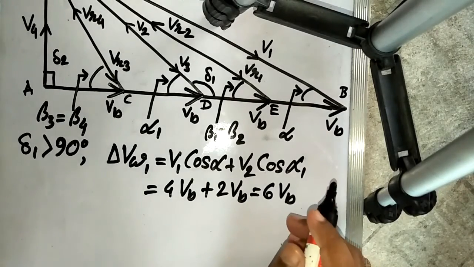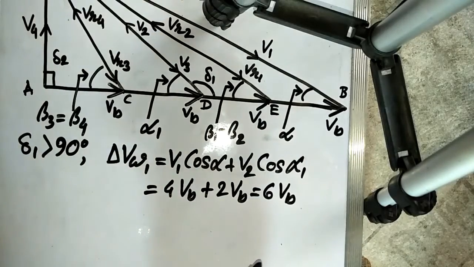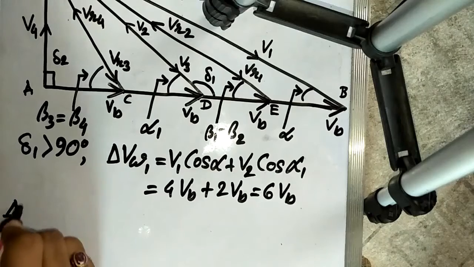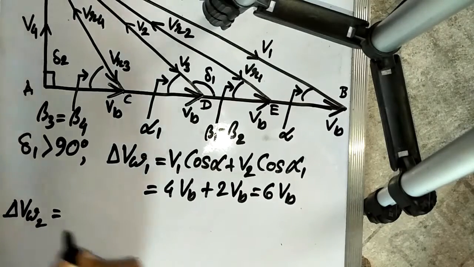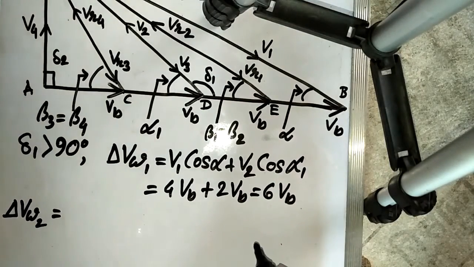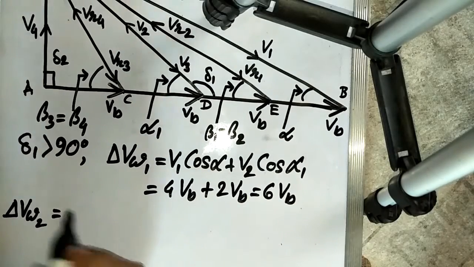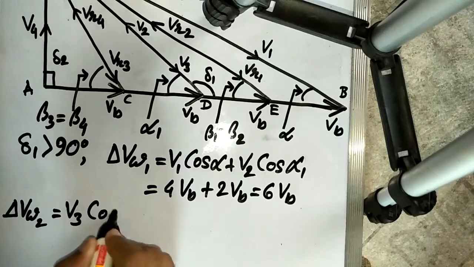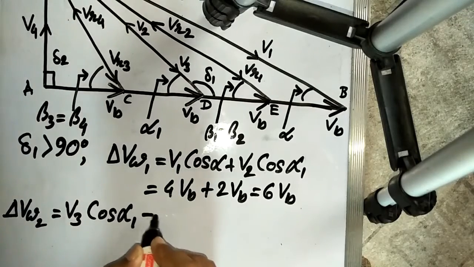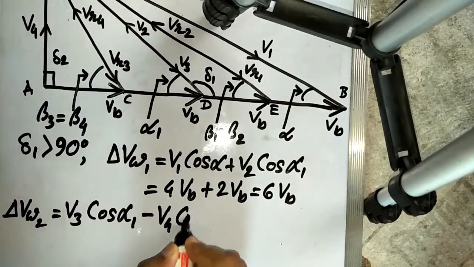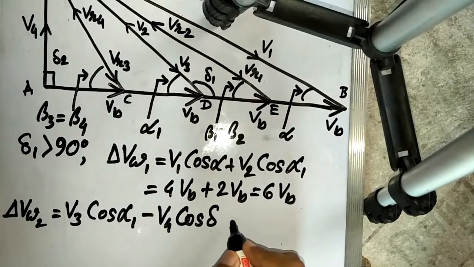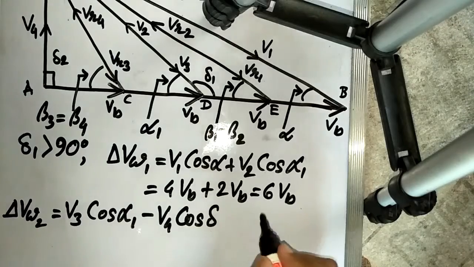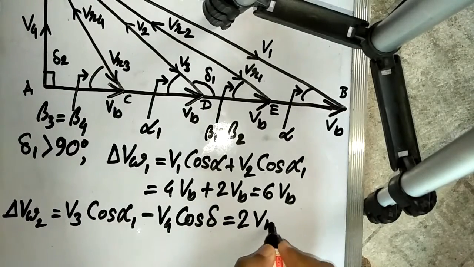These come from this diagram. And the value of del V omega 2 is equal to V3 cos alpha 1 minus V4 cos delta, and that is equal to 2VB.